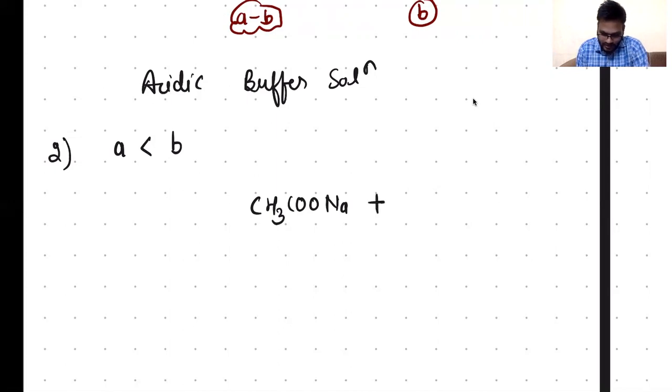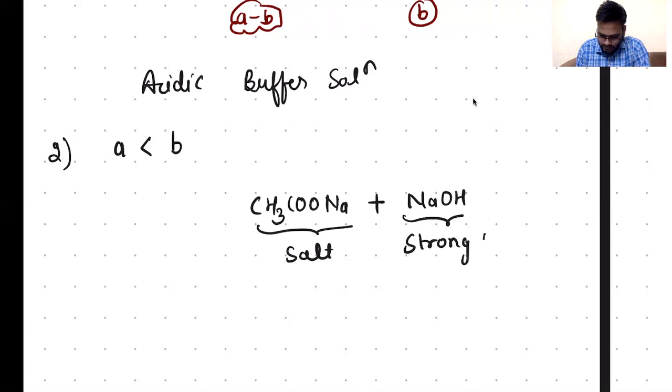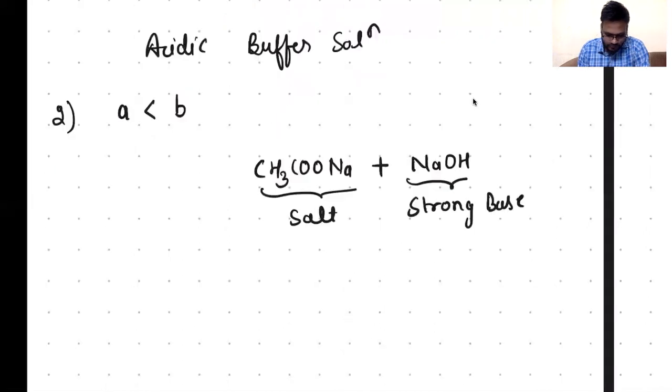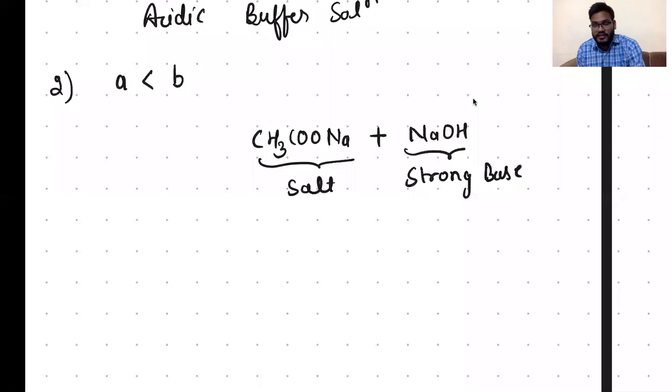So after the reaction, the solution will have only CH3COONa, sodium acetate, and NaOH, that is, a strong base and salt with strong base. It is not an example of a buffer solution, because the solution contains a species which is strong in nature, a strong base.